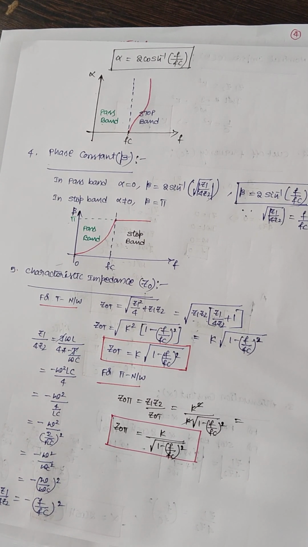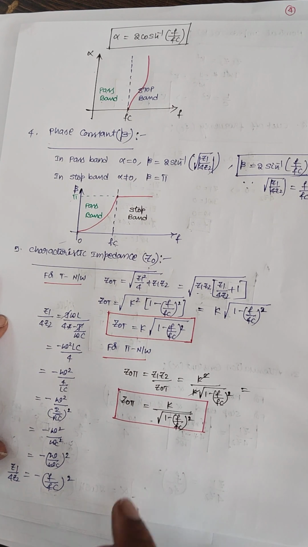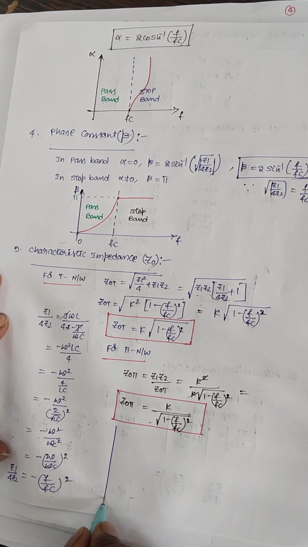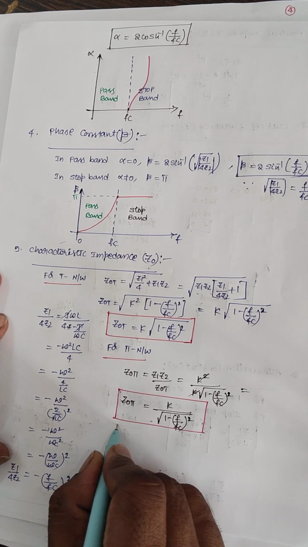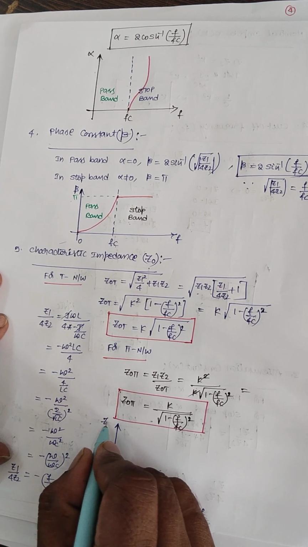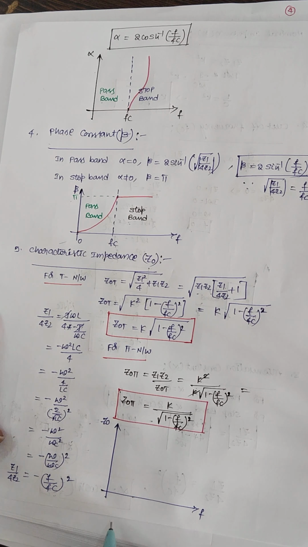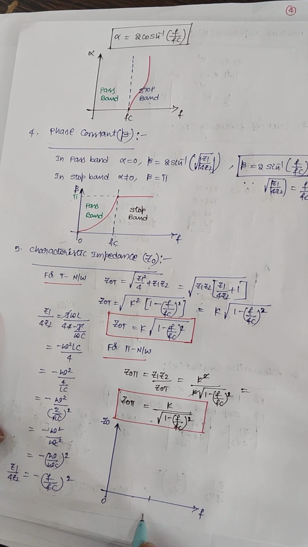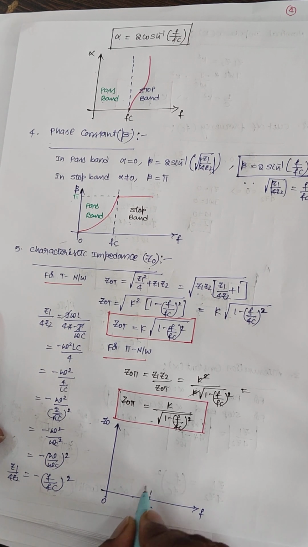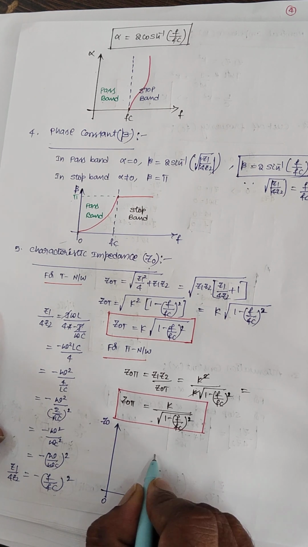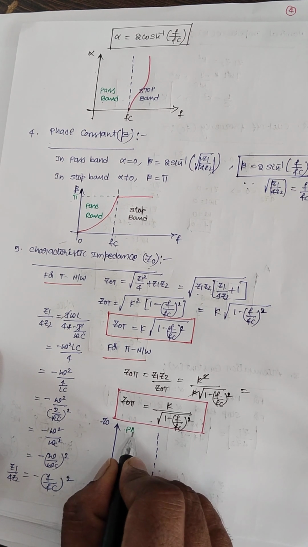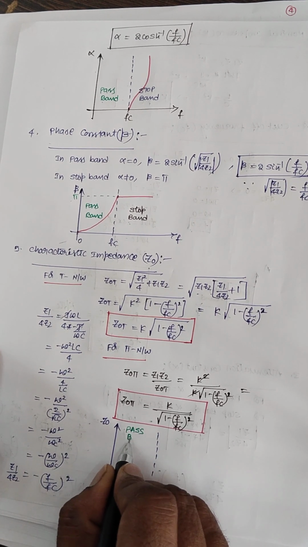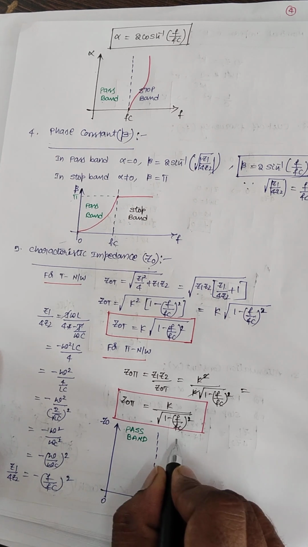If you draw the graph between frequency and the characteristic impedance Z0, both for the T network and the pi network, it starts at 0 frequency, then Fc is the cutoff frequency. It is the pass band, you know that, and then the stop band.